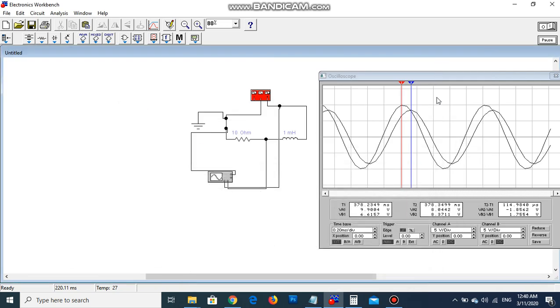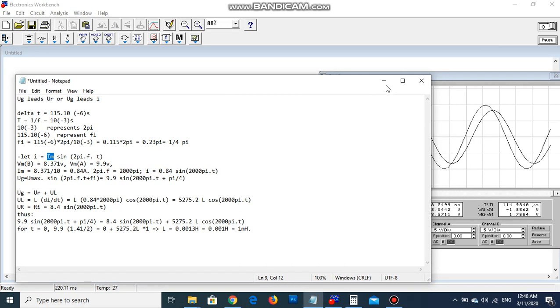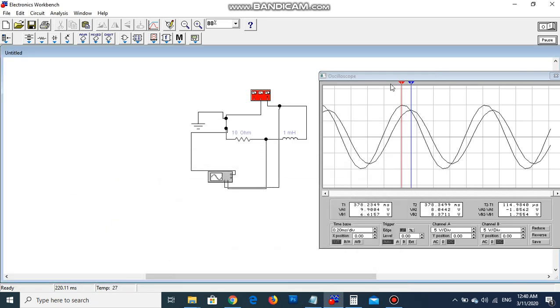Now, my goal is to write an expression of I and an expression of UG. What did I do? I assumed that I equals Im sine 2 pi ft, where Im is the maximum current. How to calculate it is by calculating UR maximum and then dividing it by R. This is Ohm's law.